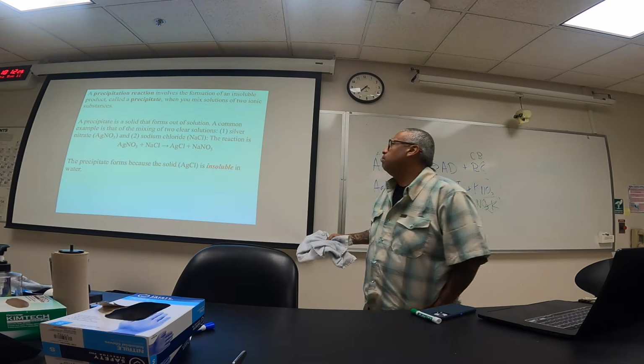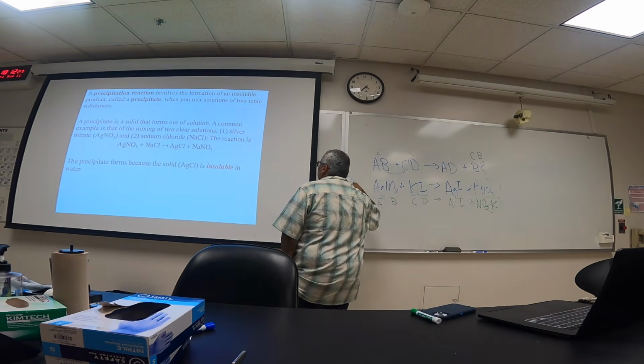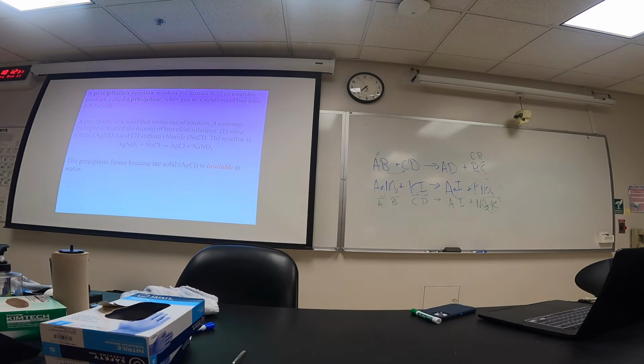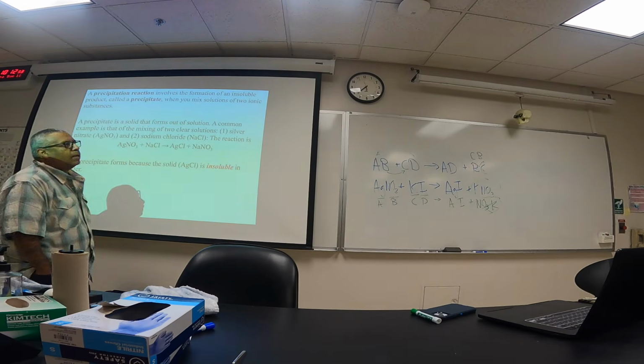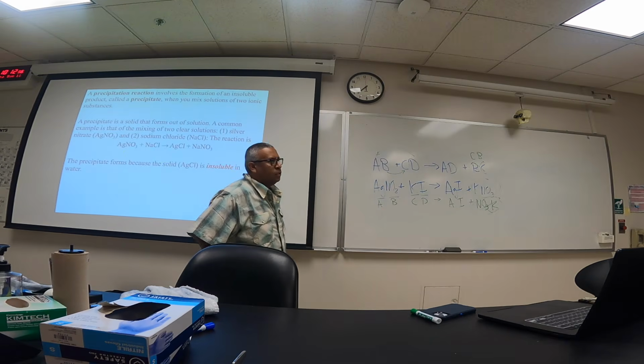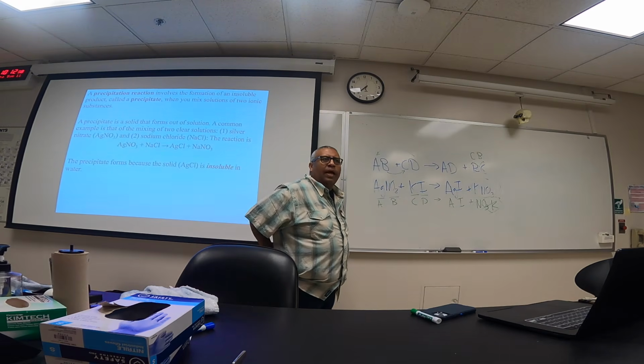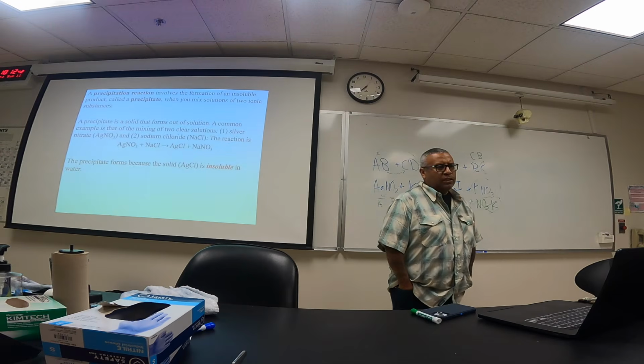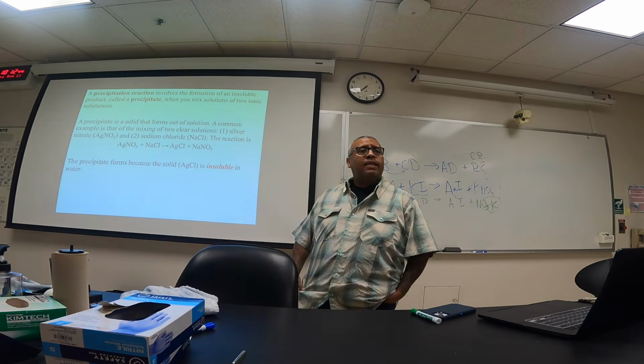Double replacement reactions like this are commonly seen in what we call precipitation reactions. Right? Precipitation reactions, and acid-base reactions, which we'll get to next week. But precipitation reactions, you're going to see in today's lab.